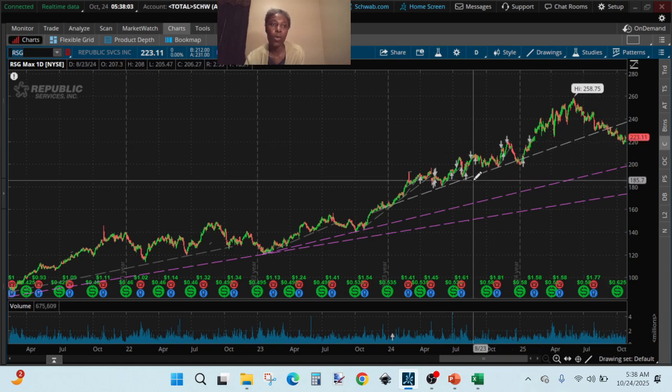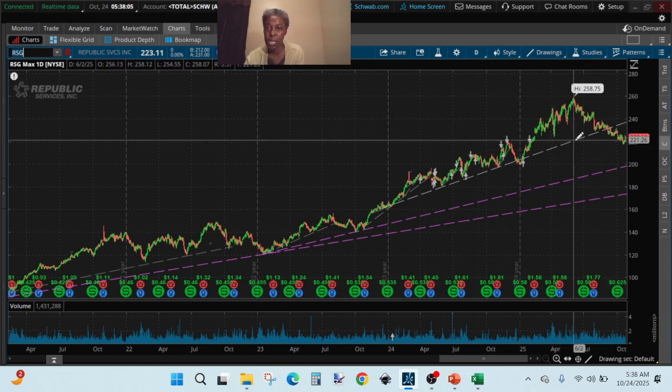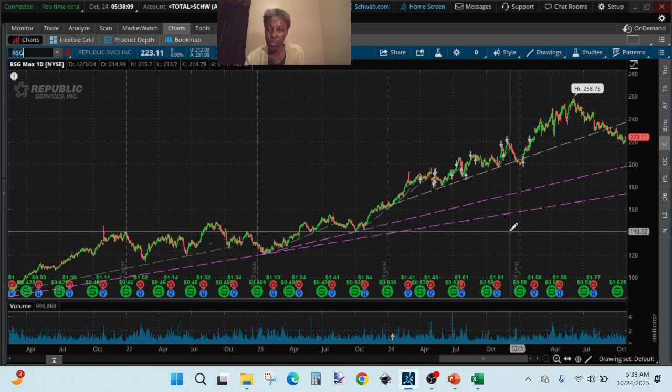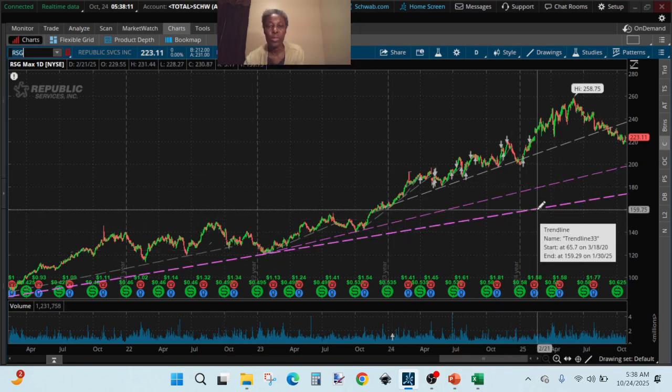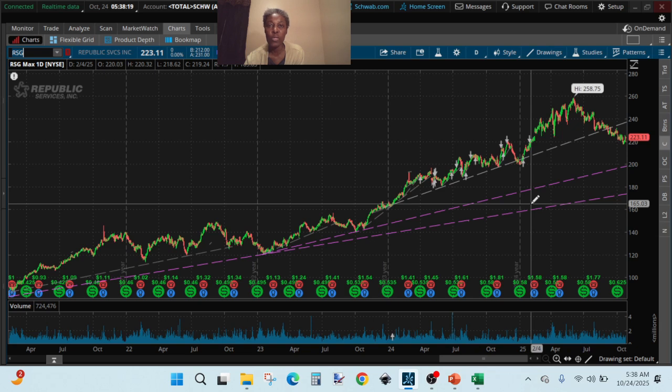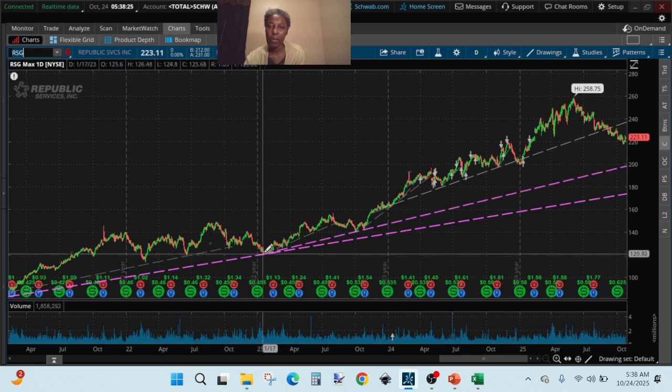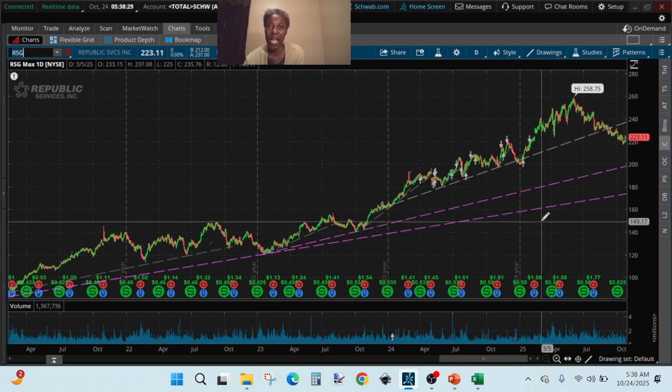Well, when you look at RSG, for instance, we have support lines that we trace, and because it's an upward stock, we trace uptrend lines, long uptrend lines passing by the higher lows, the obvious higher lows of the chart.